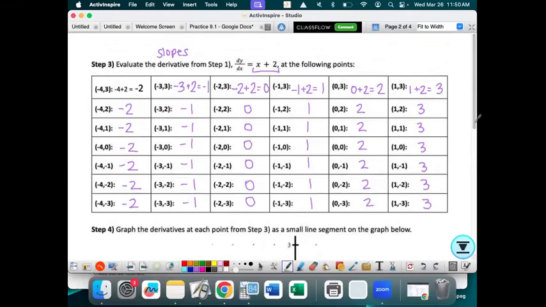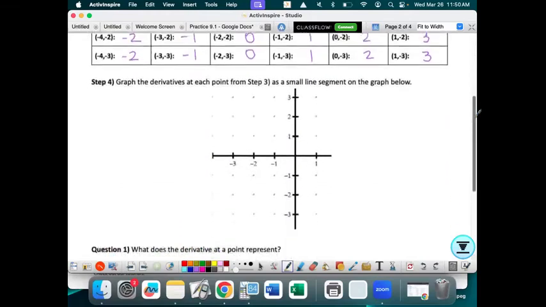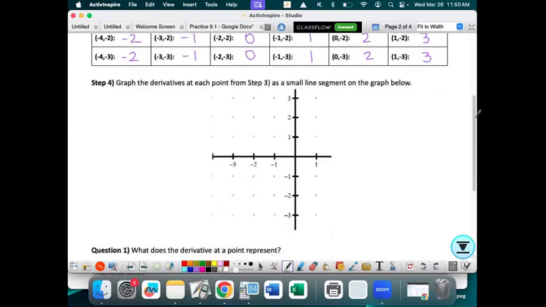So let's see. My slopes of 0 are going to be all of my -2 x value coordinates. And is a slope of 0 a vertical or horizontal line? Hopefully we said horizontal, because remember, every time we have a horizontal tangent line, the slope is 0.